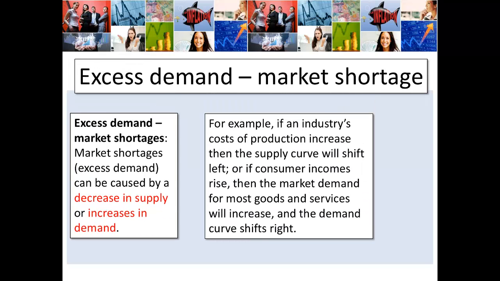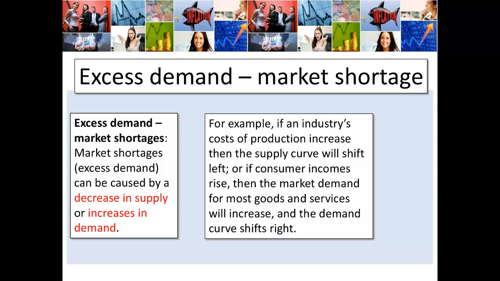Excess demand, market shortages, they can be caused by a decrease in supply, or they can be caused by increases in demand as well. Let's say, for example, an industry's cost of production increases. We know from our supply topic that the supply curve will shift left. There'll be a decrease in supply if the cost of production increases.